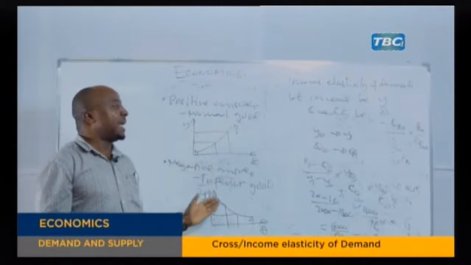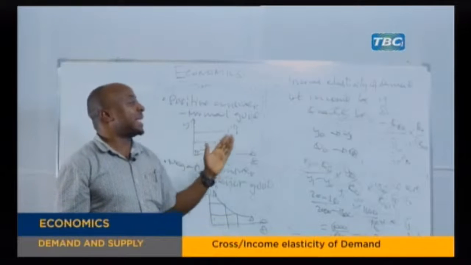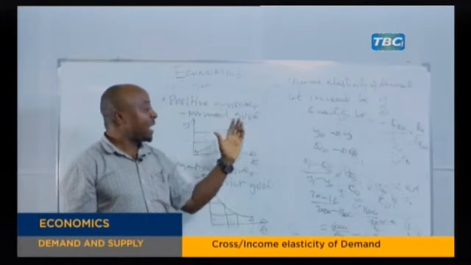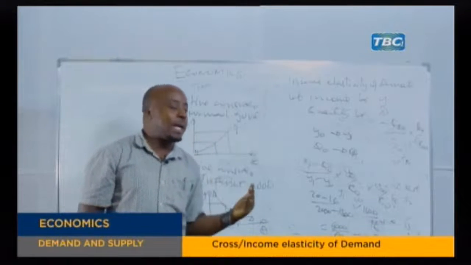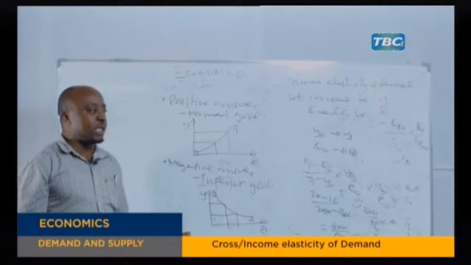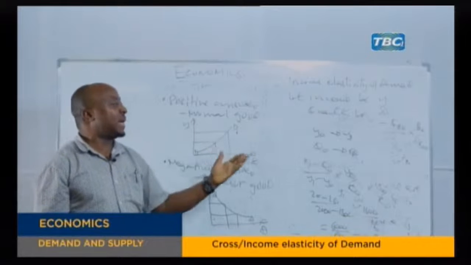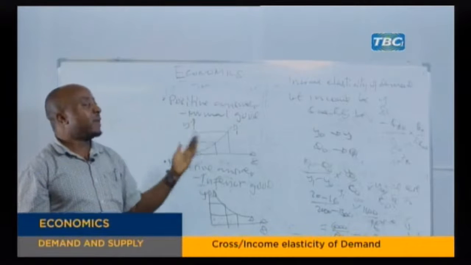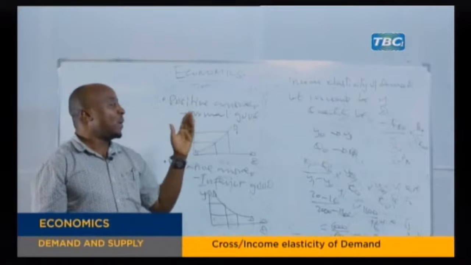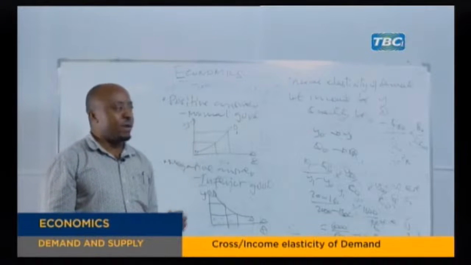As we said in the beginning, interpreting will depend on the answers obtained. When it is positive for income, it is a normal good, and when it is negative, it is an inferior good. For cross elasticity, when it is positive, they are substitute goods, and when it is negative, they are complementary goods. This is when we speak of elasticity of demand.